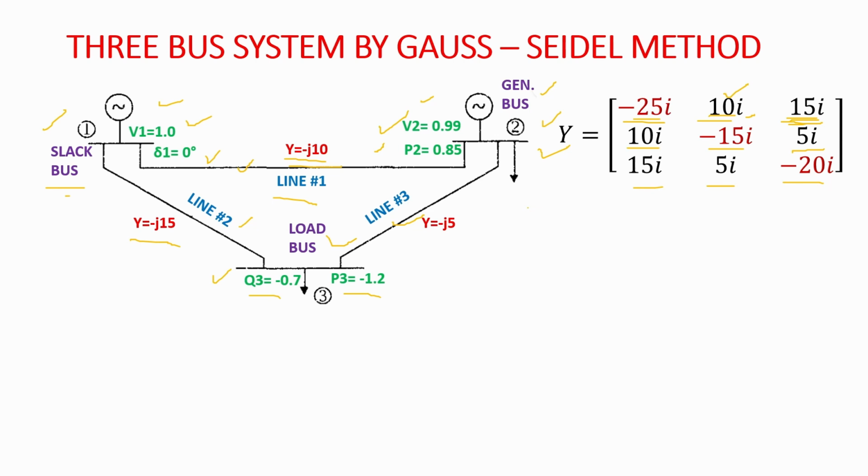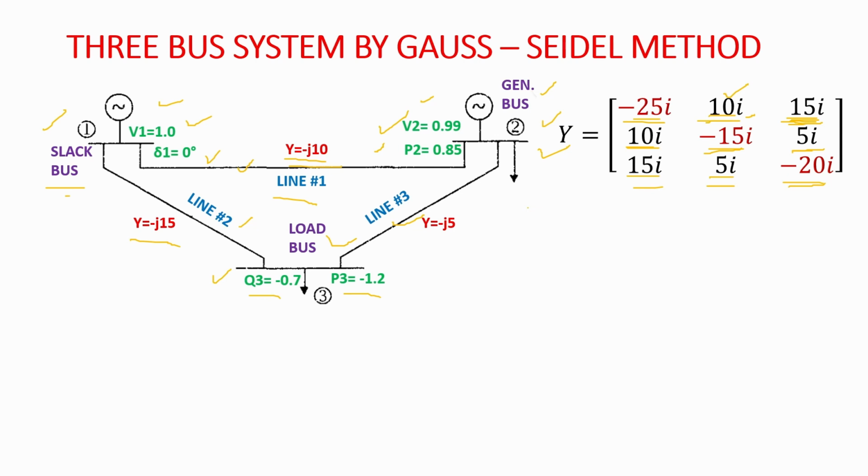Since it is a symmetric matrix, Y12 is equal to Y21, Y13 is equal to Y31, and Y23 is equal to Y32. So the remaining self-admittance for column 2 is negative 15I, and for the last row is negative 20I.